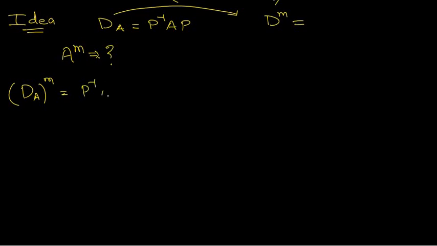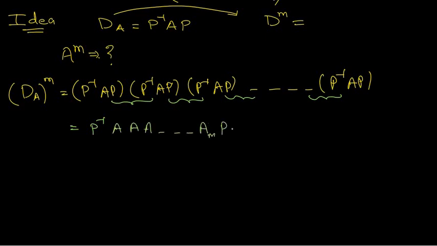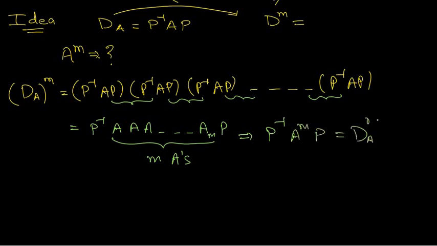This is equal to P inverse A P one time, P inverse A P two times, P inverse A P three times, and in such a way m times P inverse A P. So recall the property: this is unitary, this will always be unitary. So you get P inverse A, how many A's will be there? A, m times, then P. So there will be m A's. So this is equal to P inverse A raised to power m P, so this is nothing but dA power m.